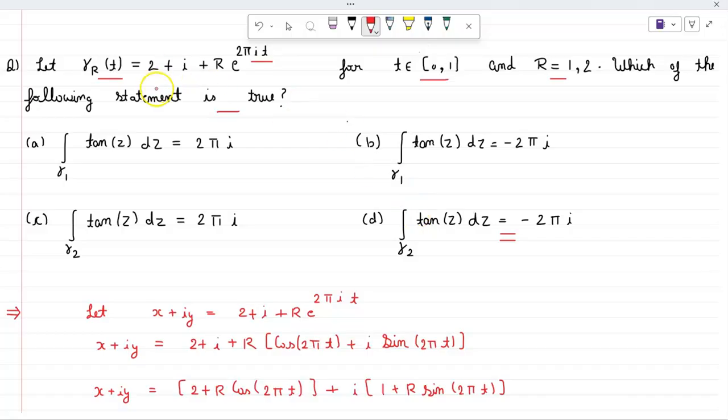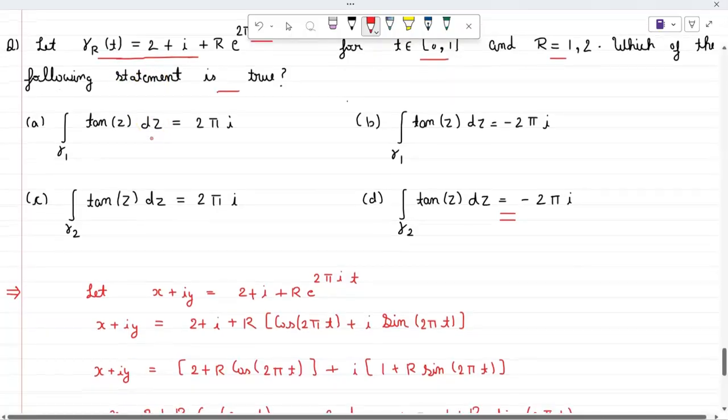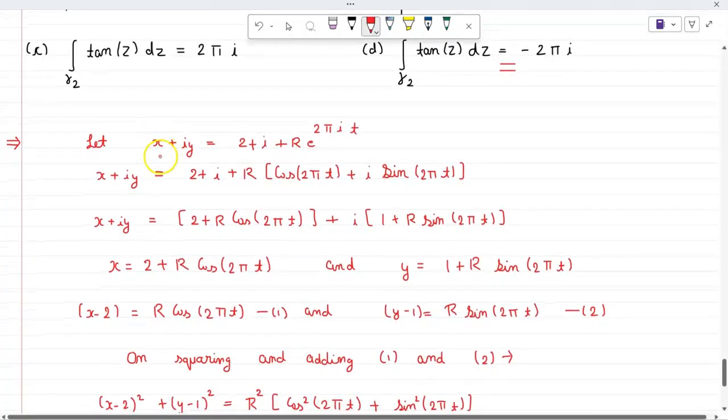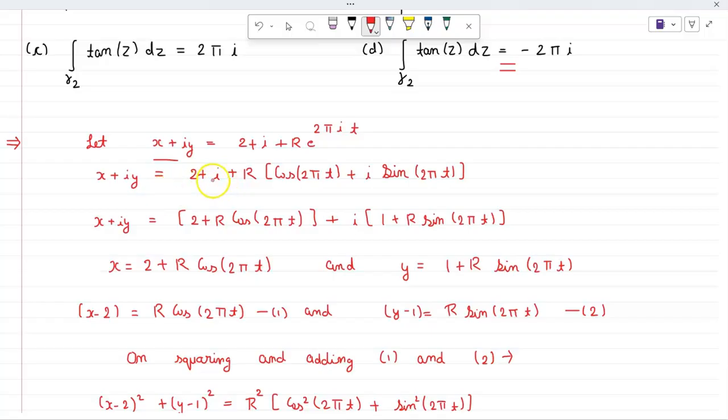To solve this question, first we have to find out what this curve is and how the curve looks. So let's suppose x plus iota y is equal to 2 plus iota plus r e raised to the power 2 pi iota t. We can write e raised to the power 2 pi iota t as cos 2 pi t plus iota sine 2 pi t.